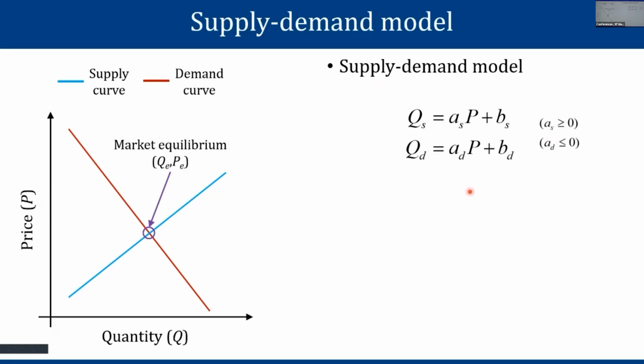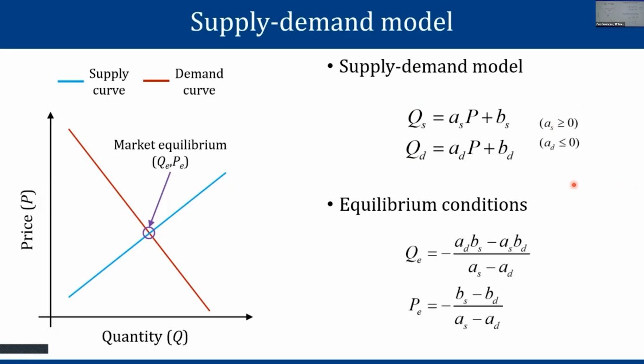Here what we know is that the equation for the supply curve has a positive slope, and the equation for the demand curve has a negative slope.